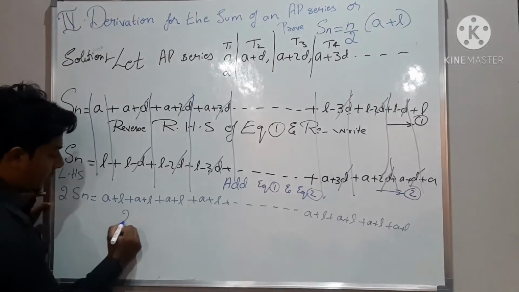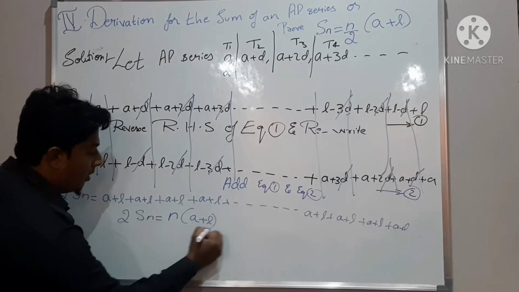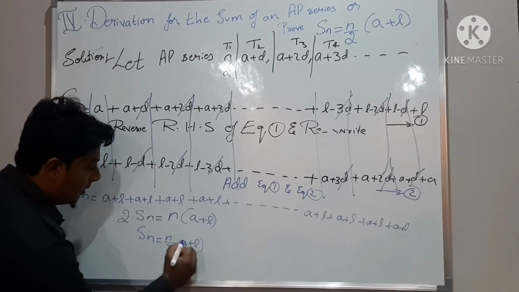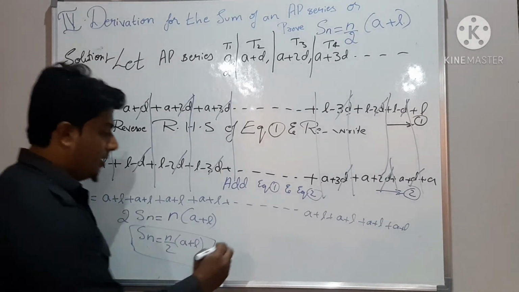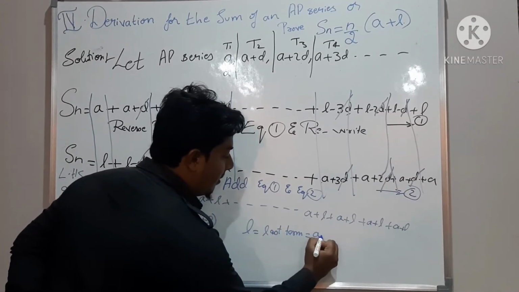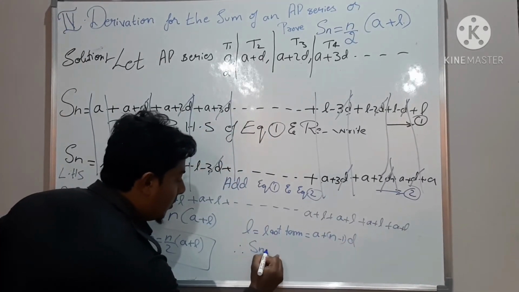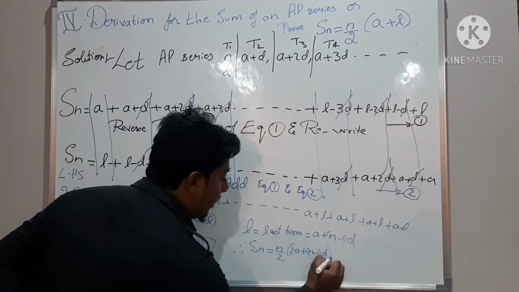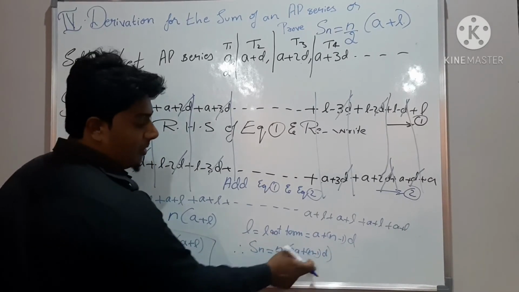So we can write 2Sn is equal to n times A plus L. Also, Sn is equal to n by 2 times A plus L. Here A is the first term, L is the last term, which is given as A plus n minus 1 times D. Therefore, Sn can also be written as n by 2 times 2A plus n minus 1 times D.